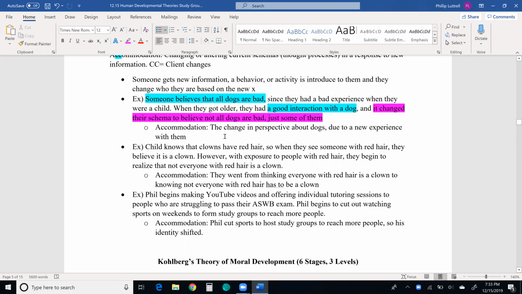Stage 2, individualism and exchange, key emphasis on individual, because they are focused on themselves in order to gain something from other people. So stated in a different way, a person will recognize there's more than one way of doing something correctly and often will cling onto the response handed down to them by a figure of authority.